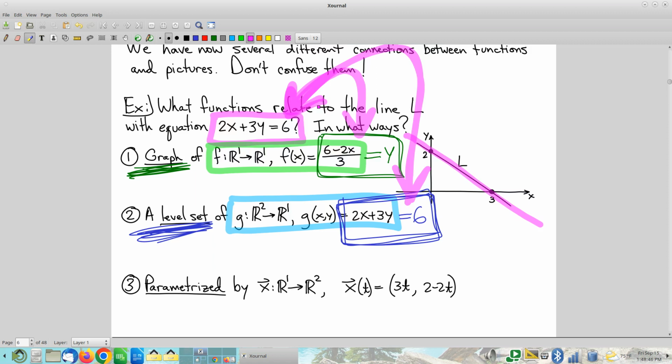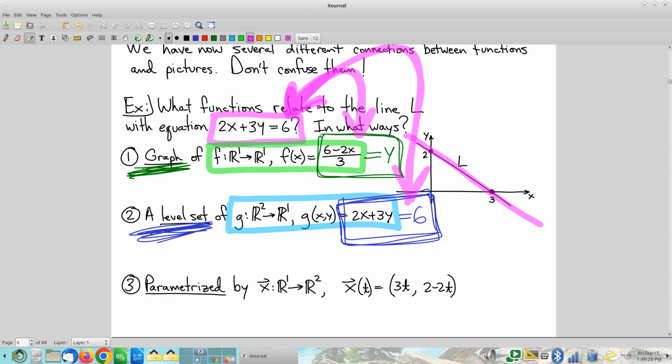Now, why do we want to worry about this? Keep in mind, I've said this several times, and I'm sure I'll say it many more: we're going to be talking about calculus in this class, and calculus takes different forms. It has different looks, different geometric interpretations, depending on which kind of picture you're looking at. So if you want to know something about this line that the calculus of graphs can tell you, this green function is the function you need to look at, because if you're going to apply the calculus of graphs, you'd better use the function whose graph is what you're interested in.